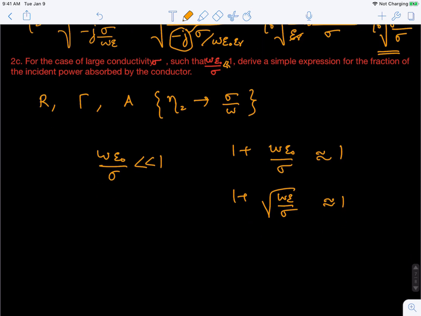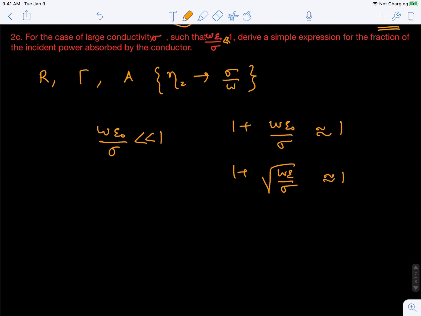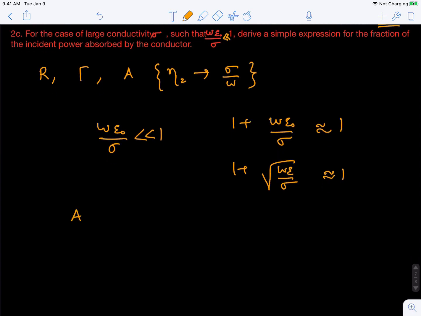So make these simplifications and obtain an expression for A, and substitute the value of omega and sigma given in the problem and find the value.